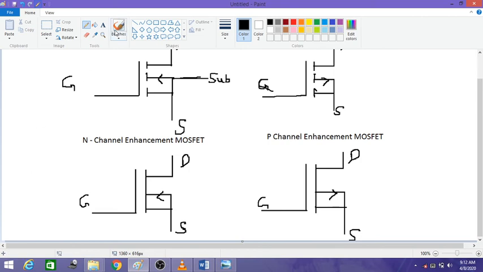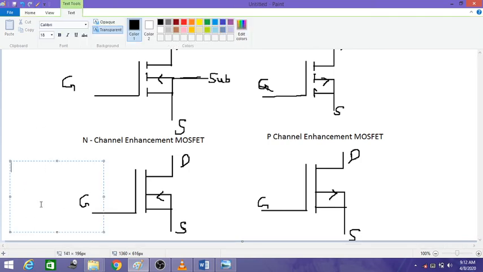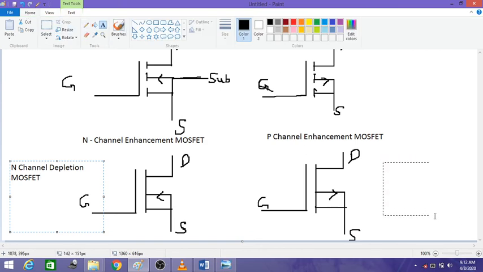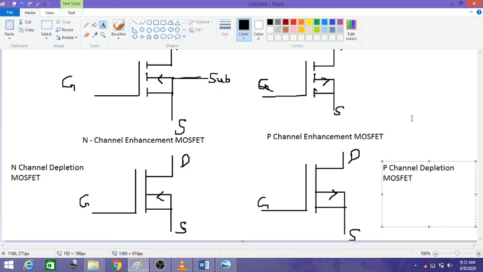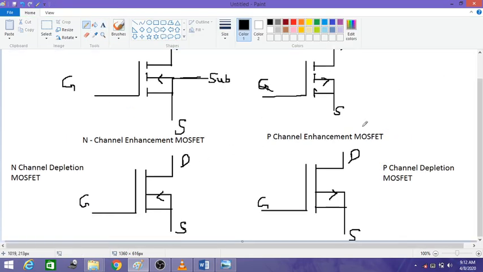So again, this is the N-channel depletion MOSFET, and this one is the P-channel depletion MOSFET.